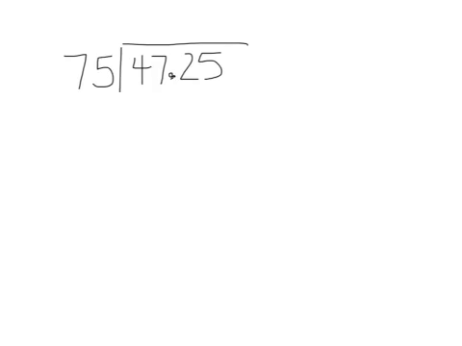I ask myself, does 4 divide by 75? No. Does 47 divide by 75? No. Does 472 divide by 75? Yes, it does. It will go into it 6 times. 6 times 75 is 450.